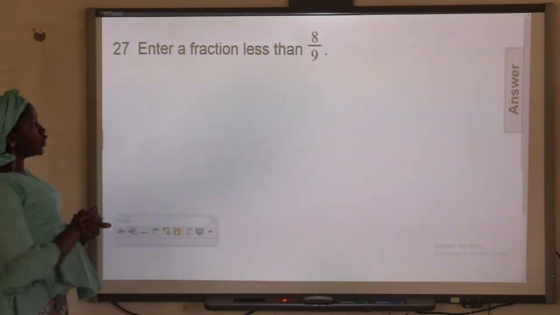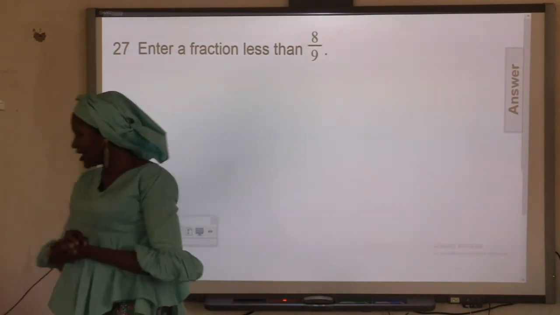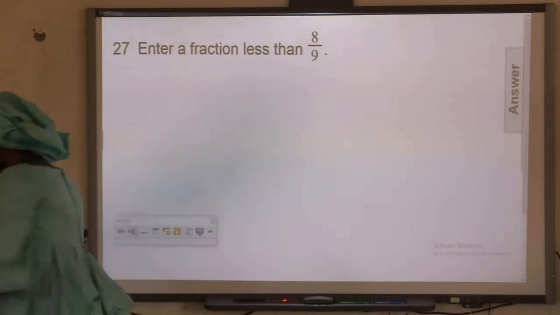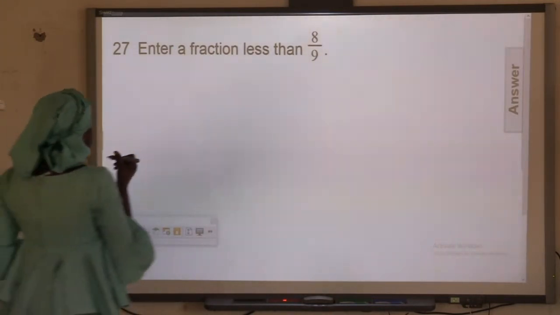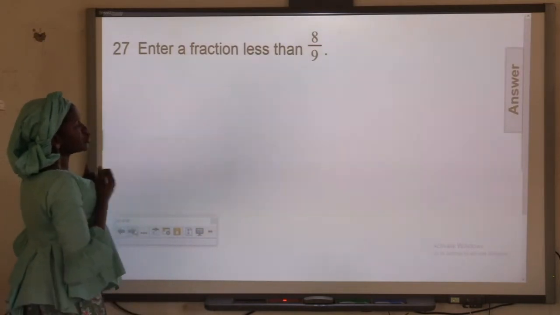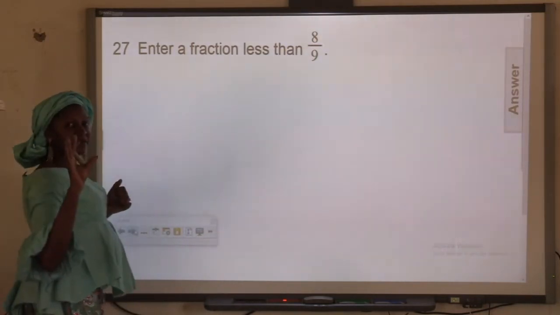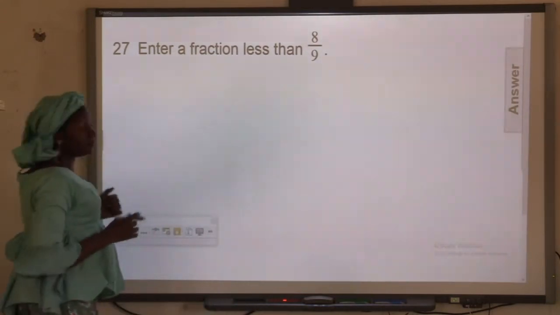Enter a fraction less than 8/9. I don't have it there, so I will draw a diagram showing this fraction divided into 9 equal parts, because our denominator is 9.